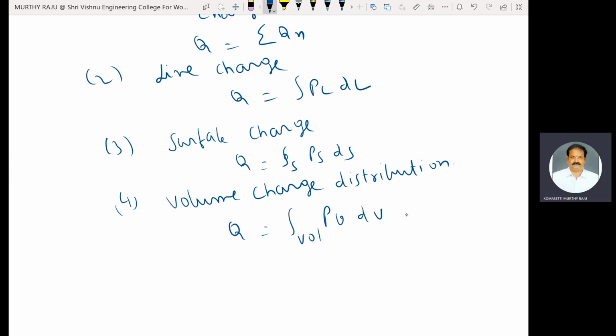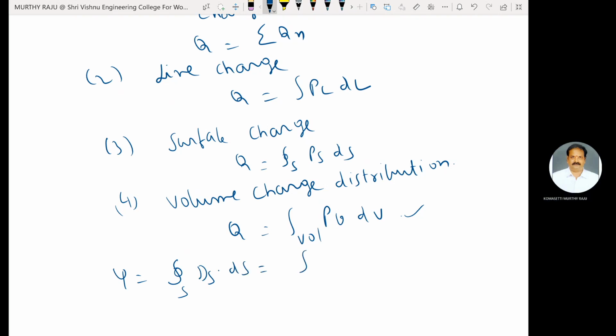Out of these four, volume charge is considered. Therefore, psi is equal to the integral of D_s dot dS, equal to the integral over volume of rho_v dv.